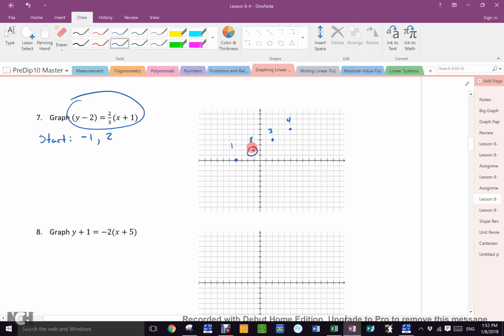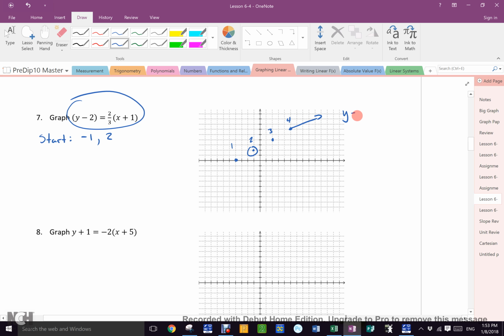So what would you tell me is the equation from point 4? Oh, it'd be y. Hold on. Give me a second. It'd be y minus... Okay, just give me a second.